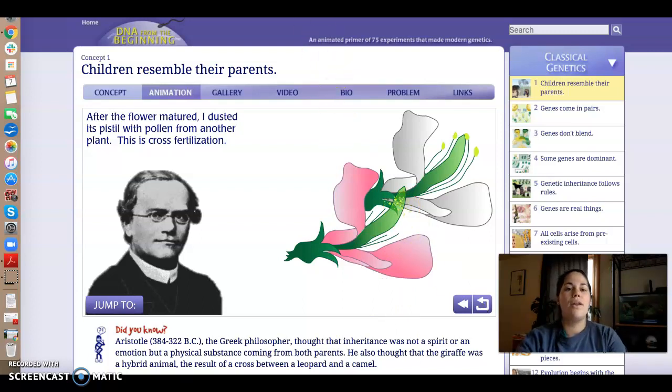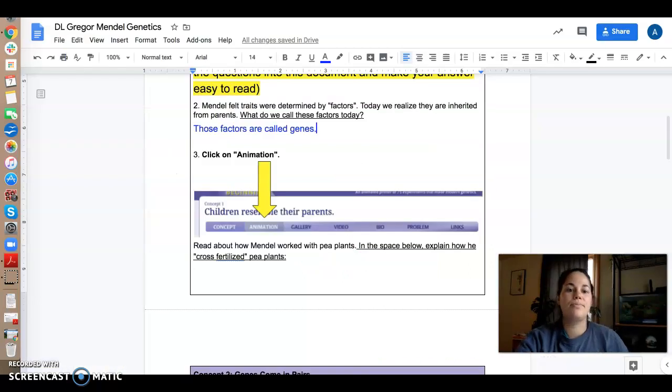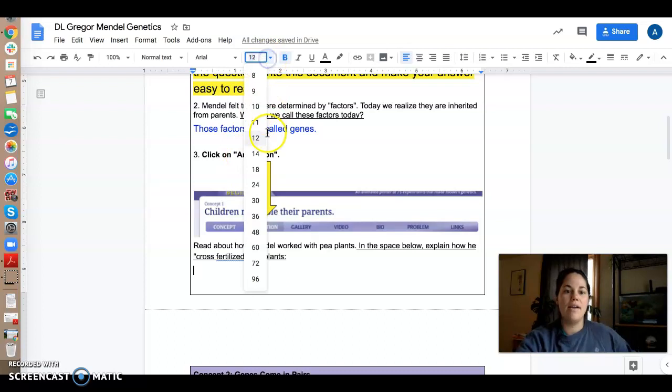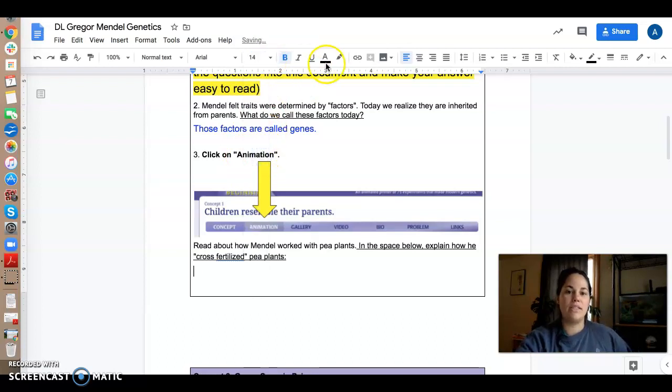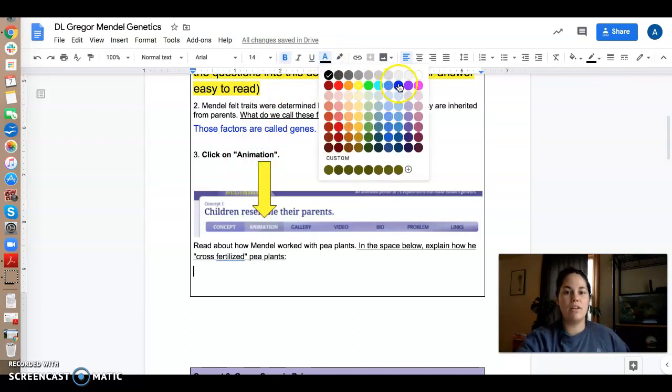So in our questions, our question says, in the space below, explain how he cross-fertilized pea plants. So we might type something like we did before. So I might change my size, I might change my color.